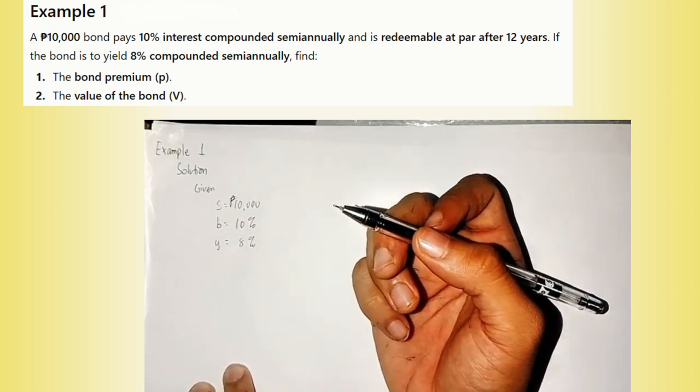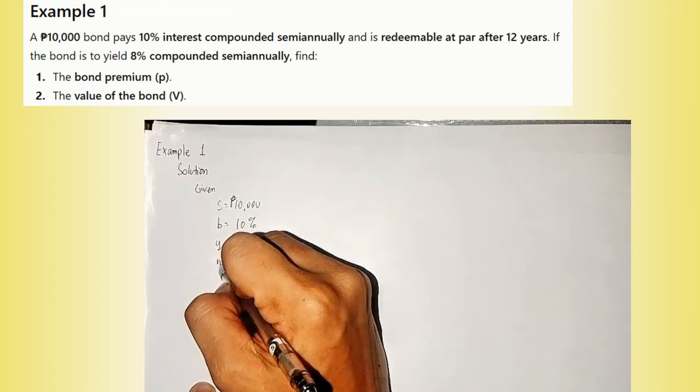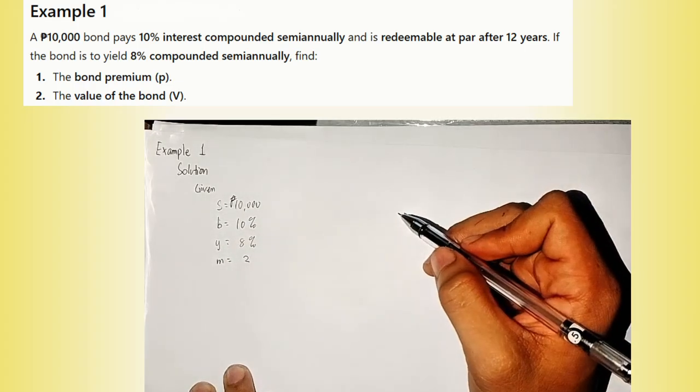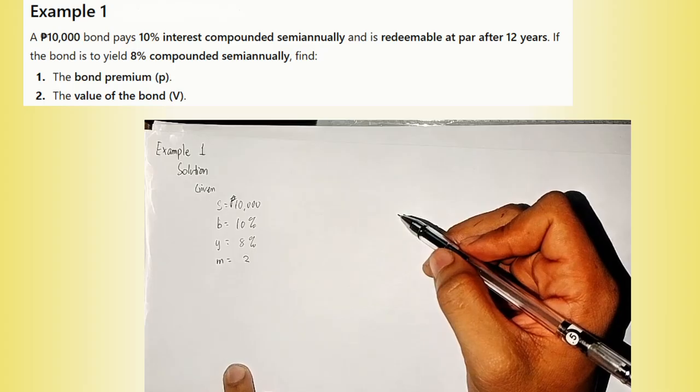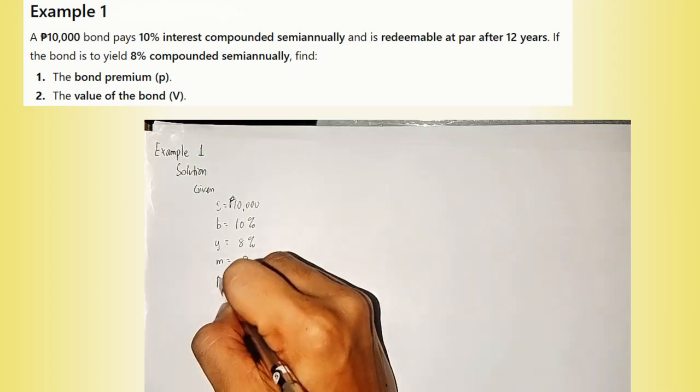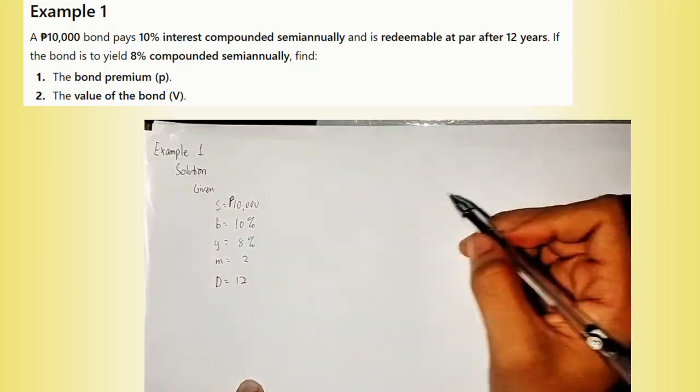Since it is compounded semi-annually, M is equal to 2, and it is redeemable at par after 12 years, so D is equal to 12.